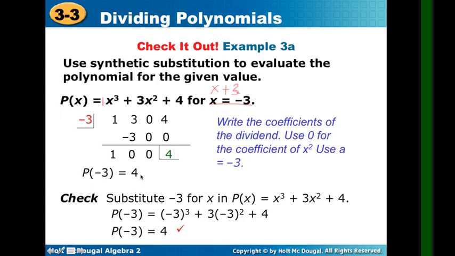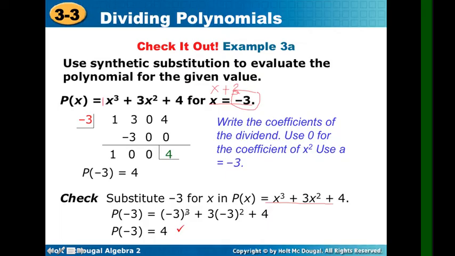To check, substitute negative 3 for x in p of x, which is x cubed plus 3x squared plus 4. So we have negative 3 cubed plus 3 times negative 3 squared plus 4.